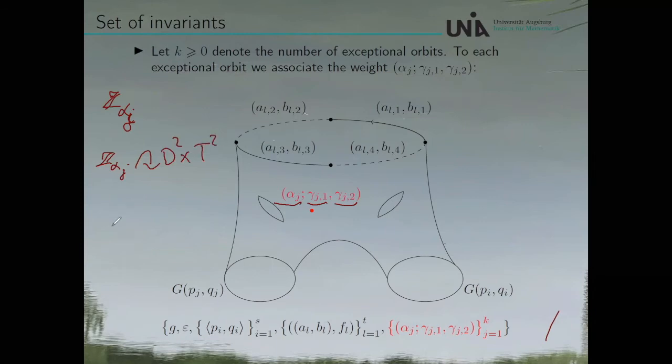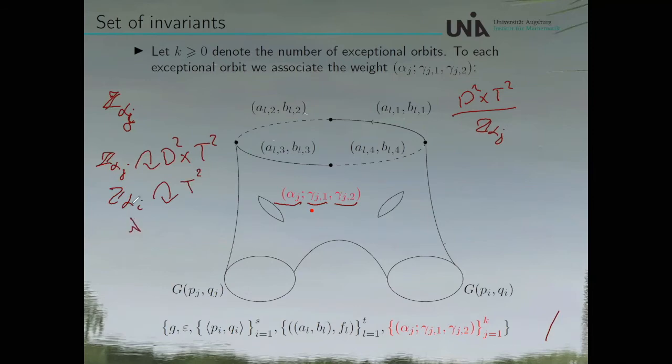Why? Because the slice that we have around these points is D2 times T2 mod Z alpha j. And the action is given by Z alpha j acts on T2.